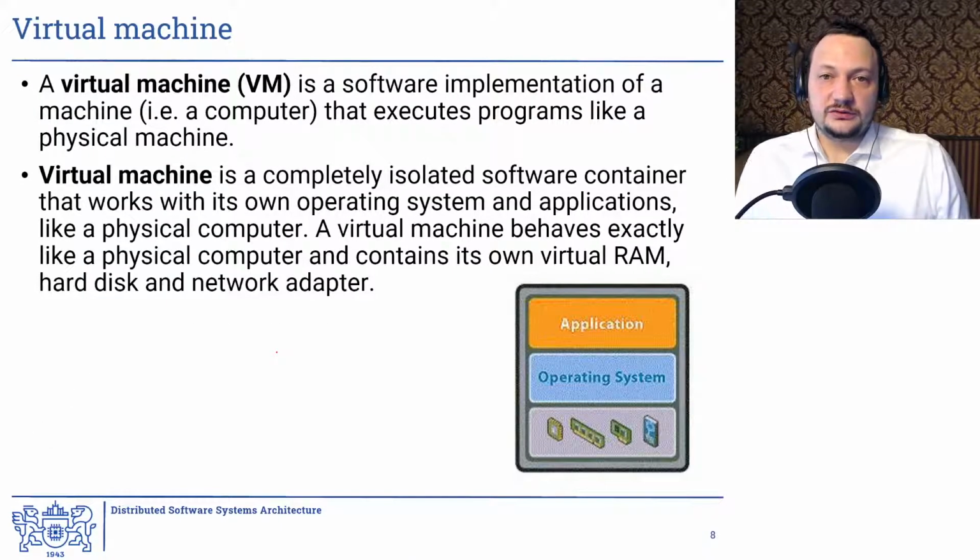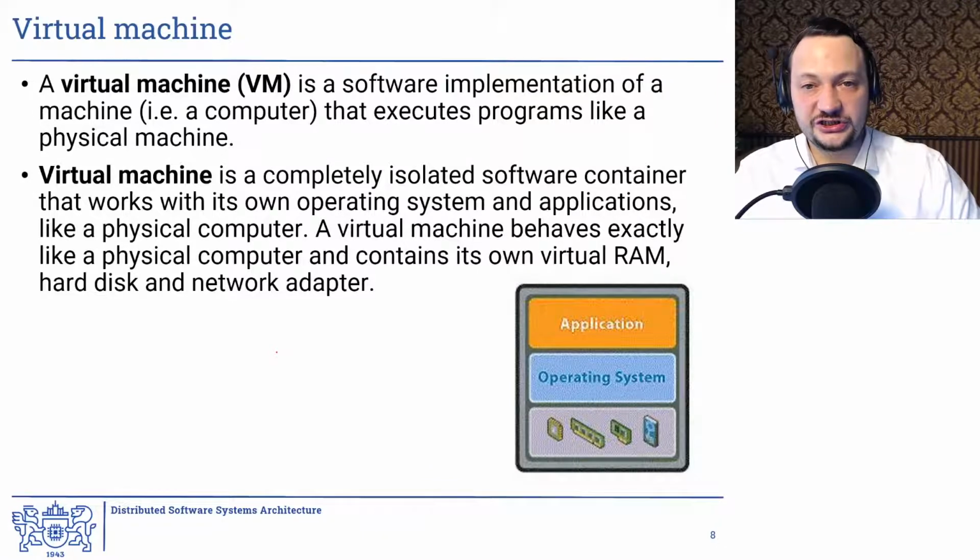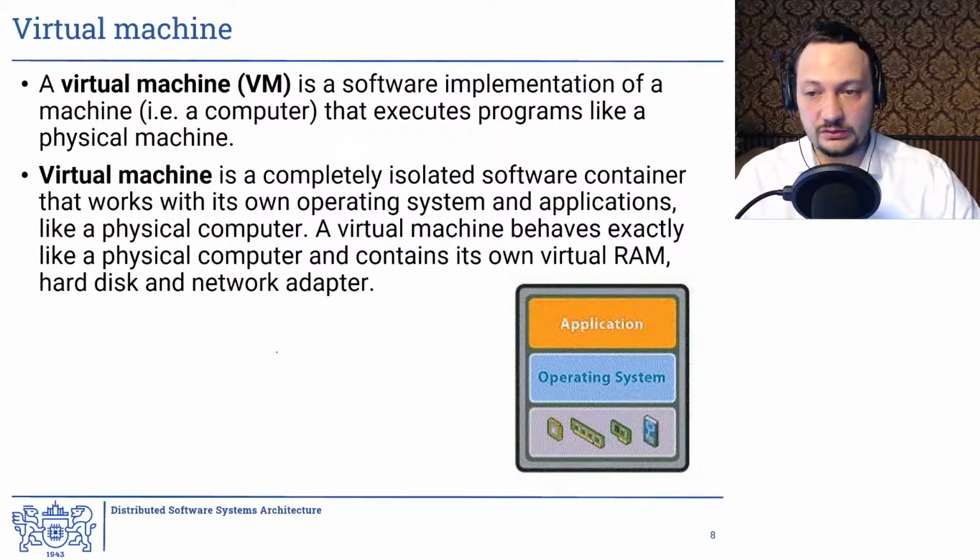So let's go to the formal definition of the virtual machine. A virtual machine is a software implementation of a machine or computer that executes programs like a physical machine. A virtual machine is a completely isolated software container that works with its own operating system and applications.